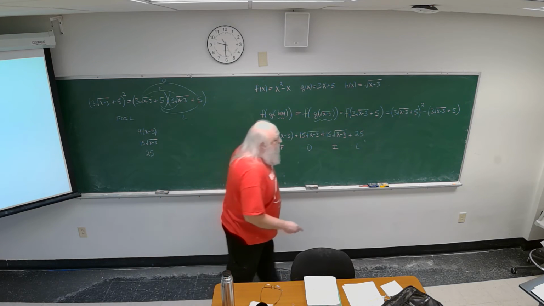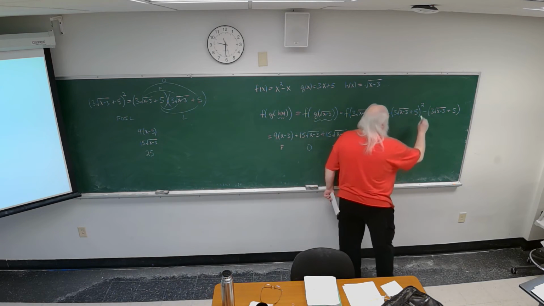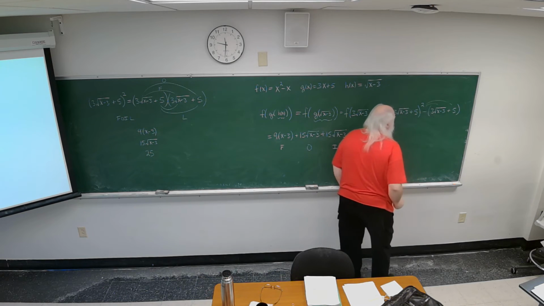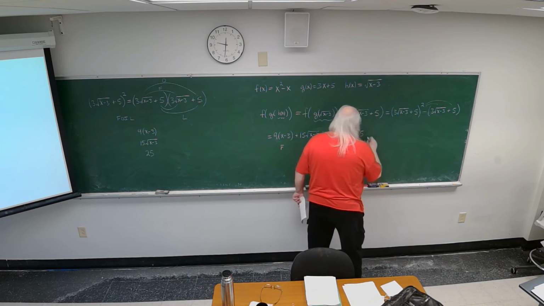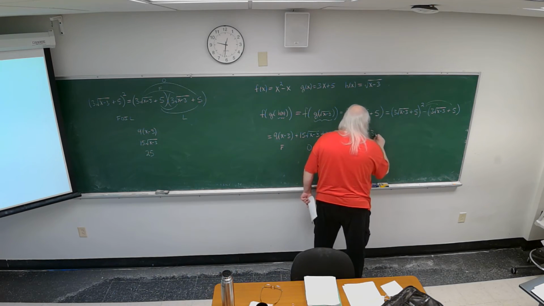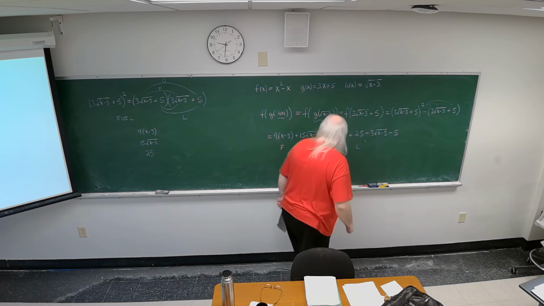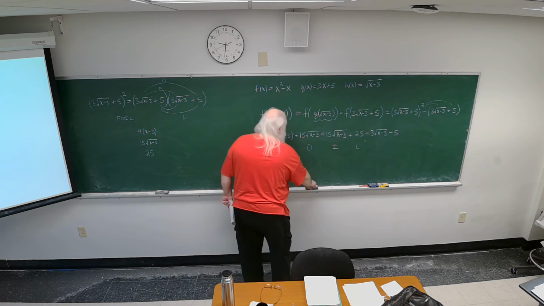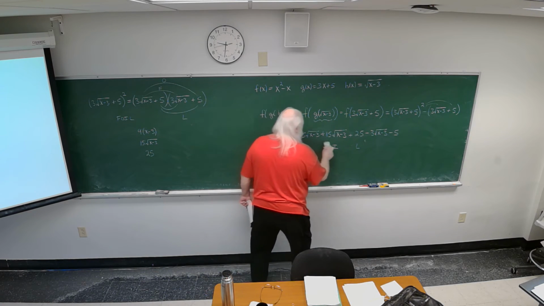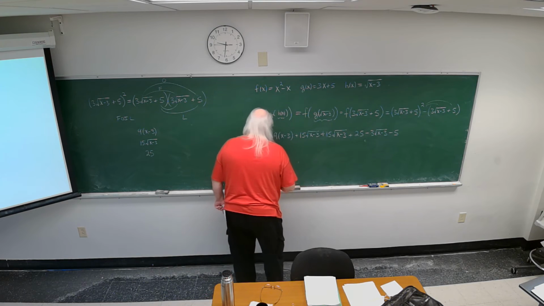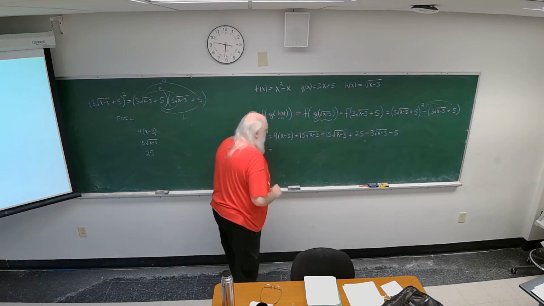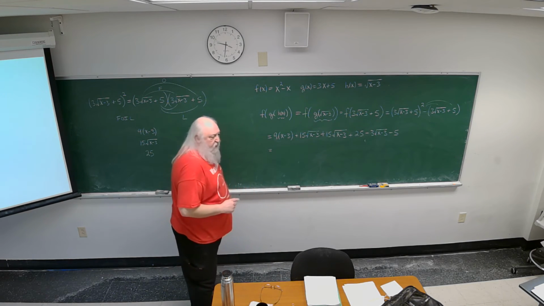And now you've got to distribute the minus sign inside parentheses here. So we have minus 3 times the square root of x minus 3 minus 5. And now it can be just a matter of how you want to simplify, right?